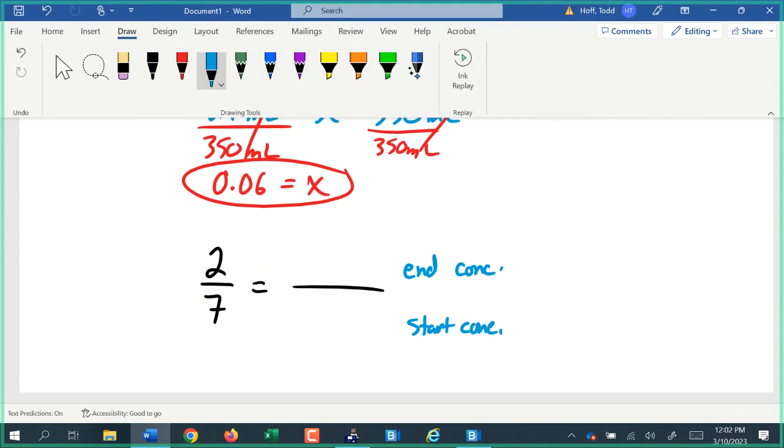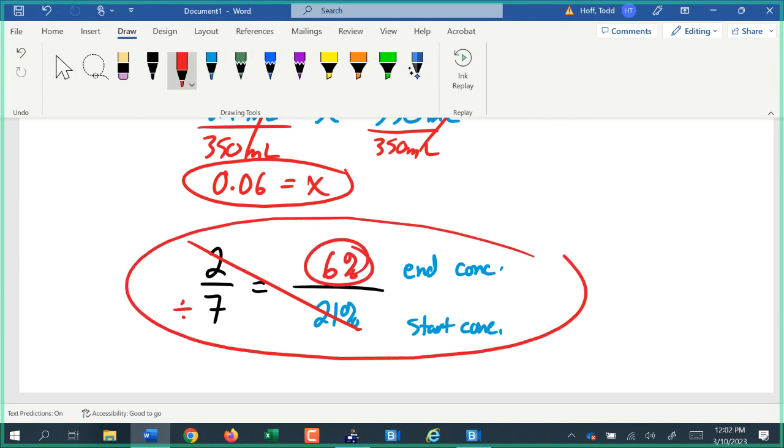And we started with a concentration of 21%. So if we cross multiply and divide here, 2 times 21 is 42, divided by 7 is 6. The ending concentration is 6%. So way quicker to just use that dilution ratio to adjust what the percent of the solution is going to be.